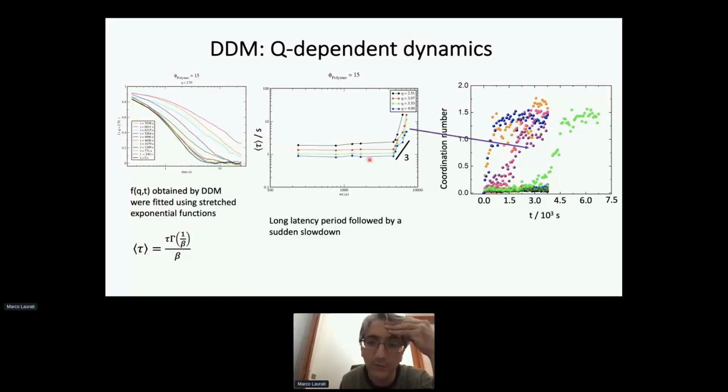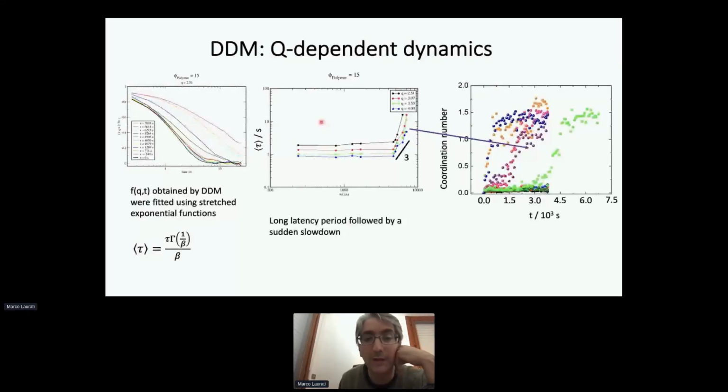You see that we find a long latency period over which the dynamics do not really seem to evolve. After that, there is instead a very sudden slowdown, with a dependence which is much steeper than what would be expected for the DLCA. So it's a very, very different behavior.